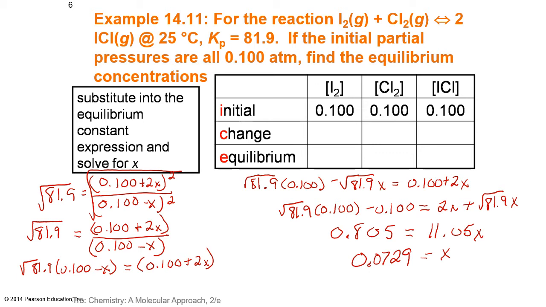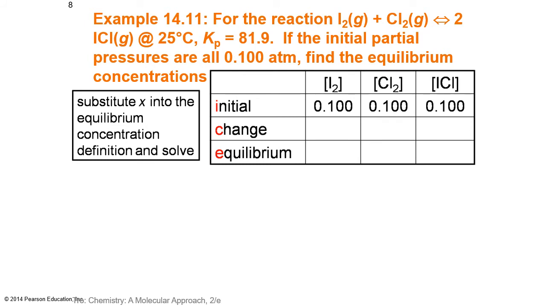So now that we know x, we can find our equilibrium concentration because we know that our change was minus x for both the reactants. We know for the product it was plus 2x.